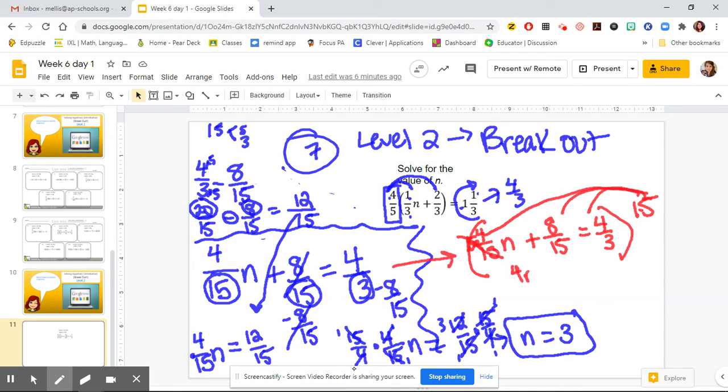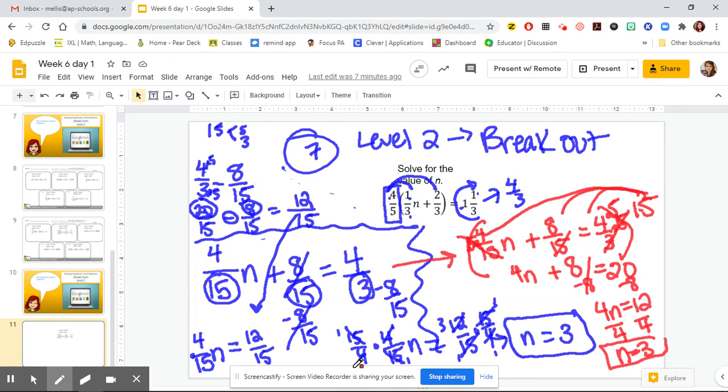So that would just be 4n plus 8 equals this 15 right here. 15 over 3 actually does not cancel out, but it simplifies: 15 divided by 3 is 5. So I'd actually have to multiply this 4 by 5 and get 20. So then if I do it this way, I can just subtract 8 and get 12, and then divide both sides by 4, and we'd get 3 as well.